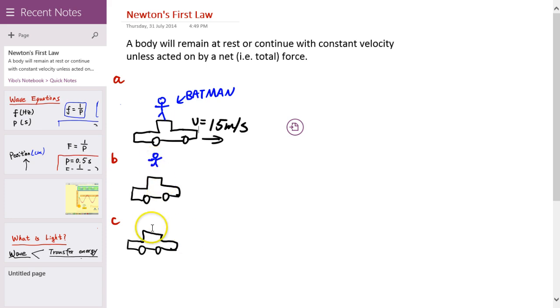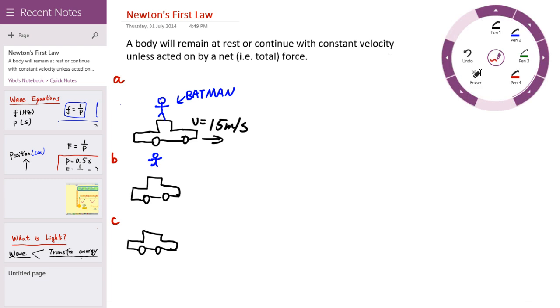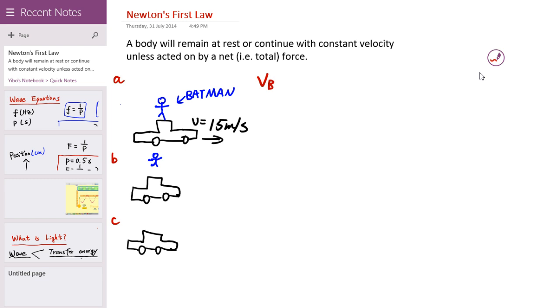I haven't drawn Batman yet, I'm going to draw him later. Question one: at figure A, the car moves at 15 meters per second. What is the speed of Batman? Just think about it. The velocity of Batman will be the same, 15 meters per second to the right.